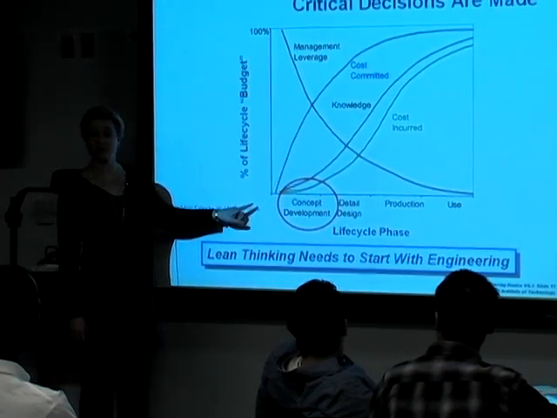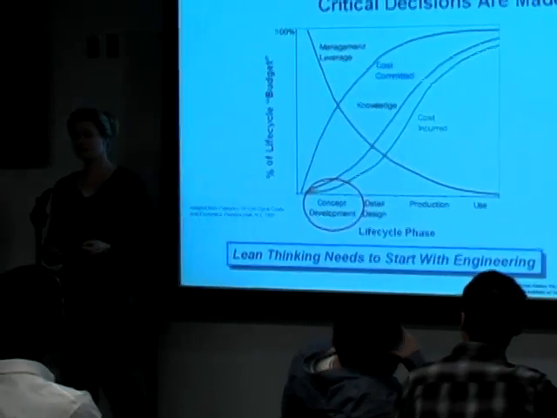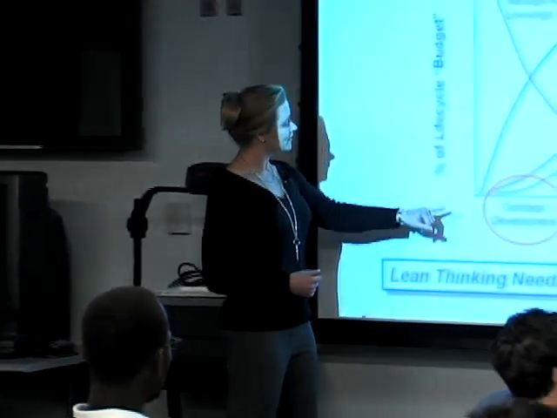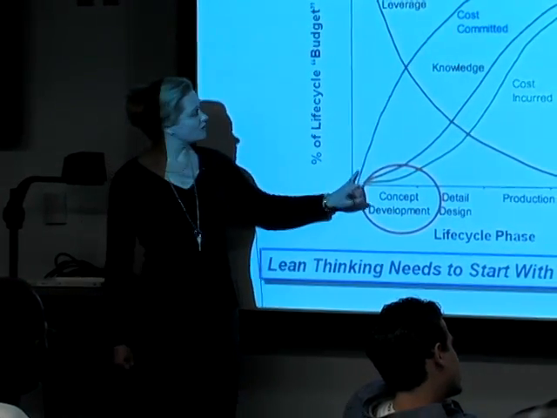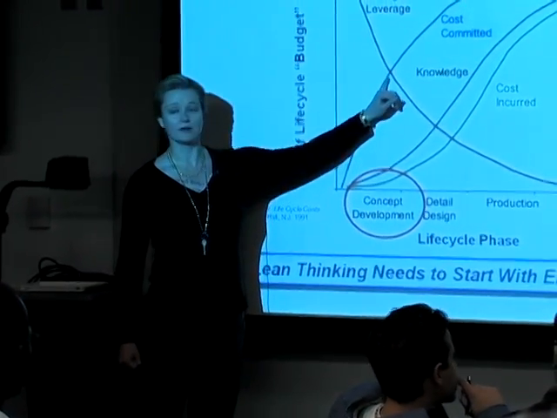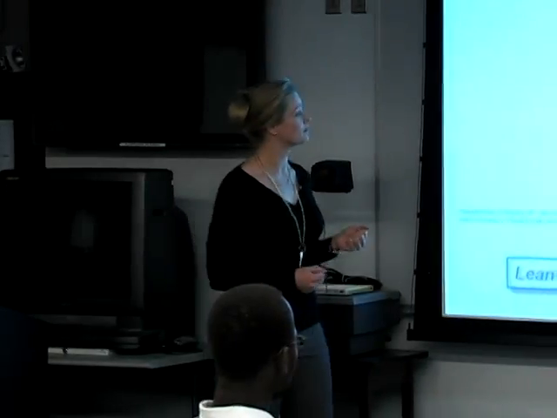As you go through the engineering design process, you as engineers are making choices. You decide to use a particular material, you decide on a particular design that has manufacturing implications, performance implications, and so on. And as you make those choices, right here in conceptual design, you are determining a priori the cost of that system by your choices.